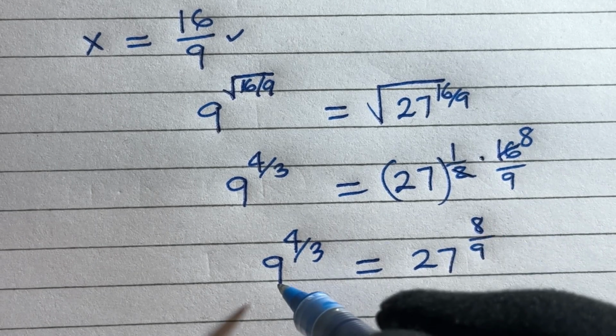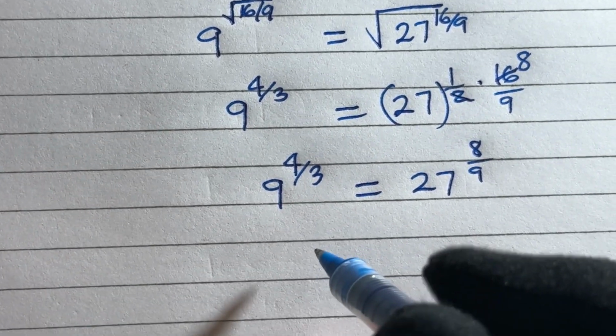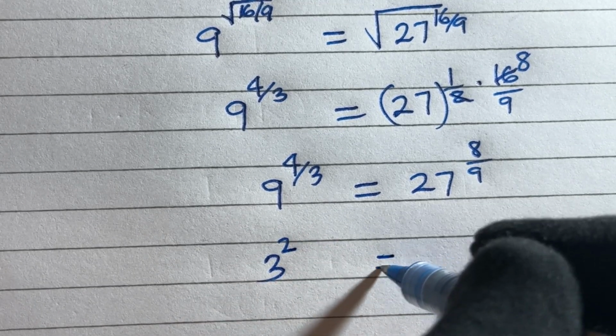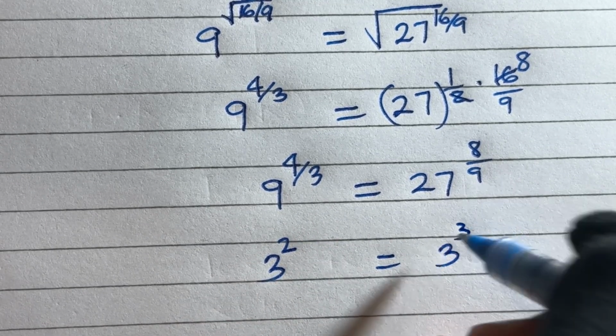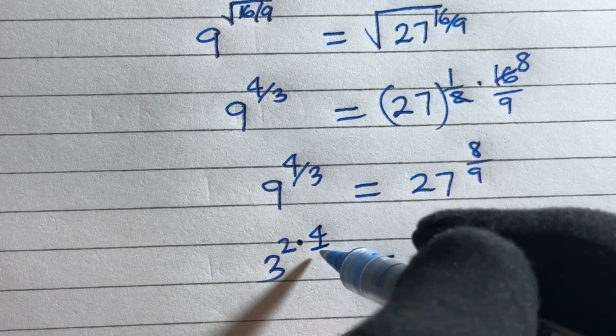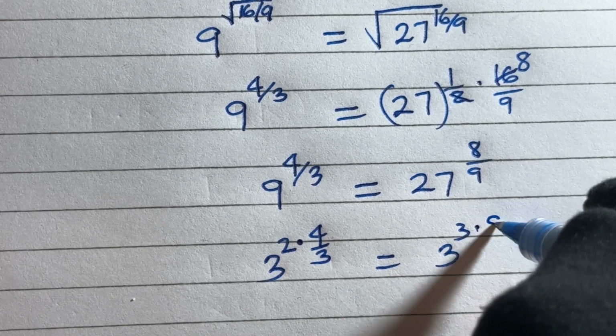Now let's change 9 and 27 to 3 raised to power 2 and 3 raised to power 3 respectively. Then times 4 over 3. I already explained this concept earlier. So times 8 over 9.